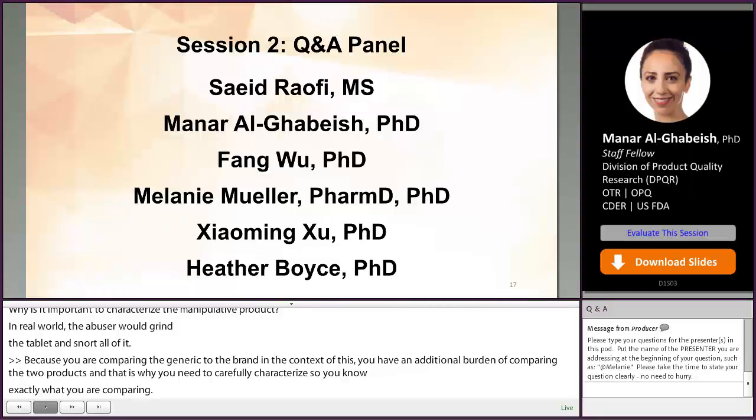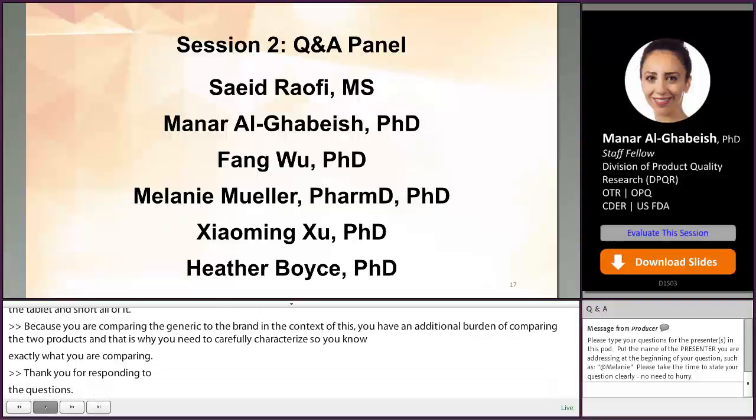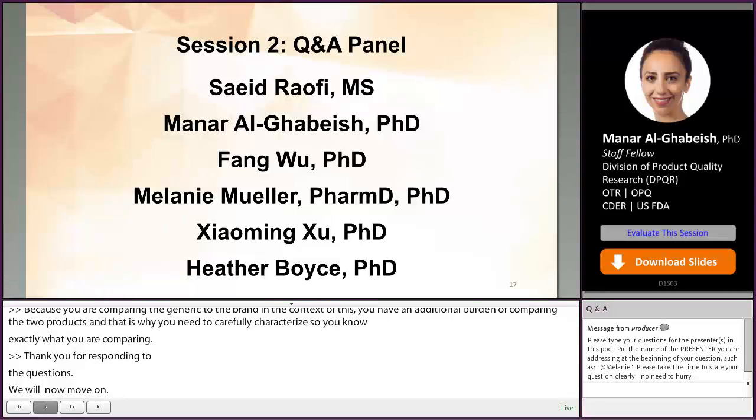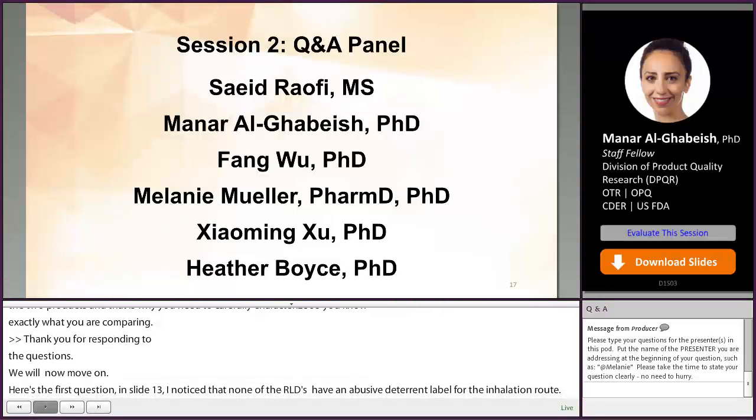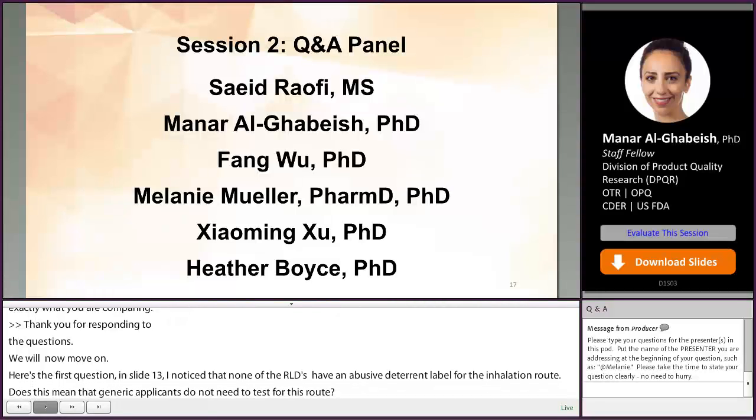In slide 13, I noticed that none of the RLDs have an abuse deterrent label for the inhalation route. Does this mean that generic applicants do not need to test for this route? No, they actually still need to test for this route.